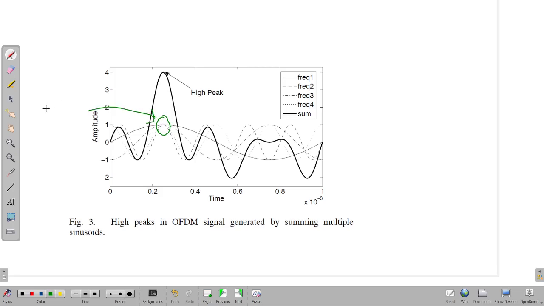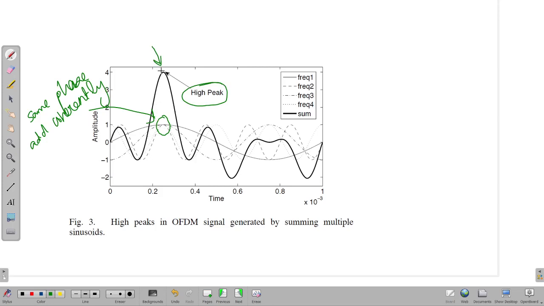Okay, here they have the same phase. So what happens is, when the subcarriers have the same phase, they add coherently, and they result in this dark colored sum of all subcarriers. They result in high peaks. Okay, they result in high peaks, right?